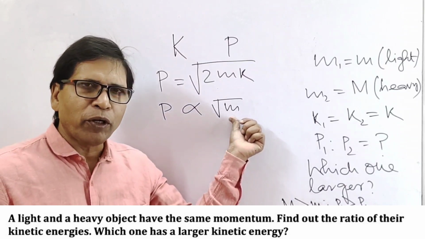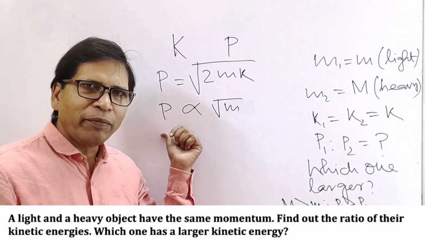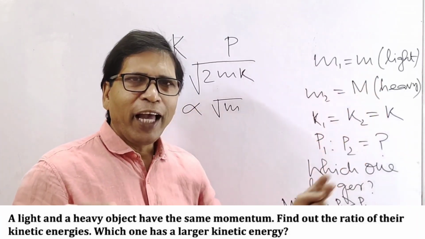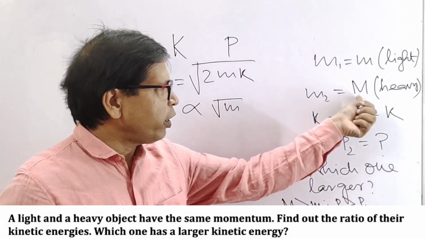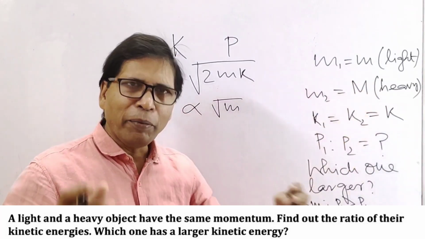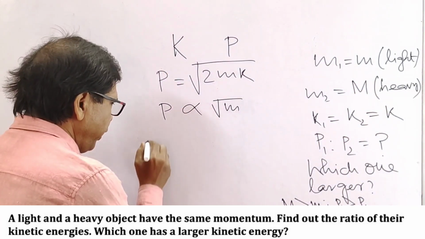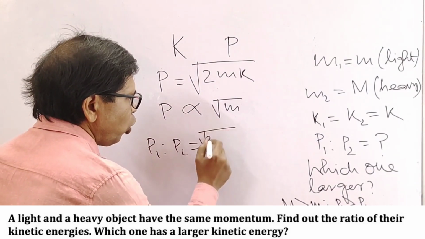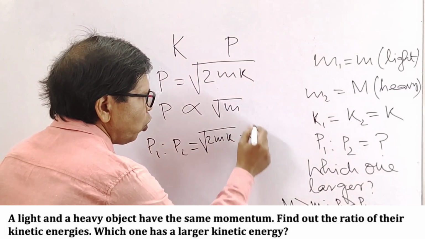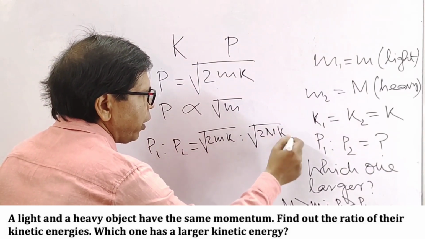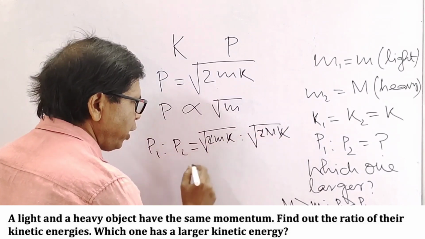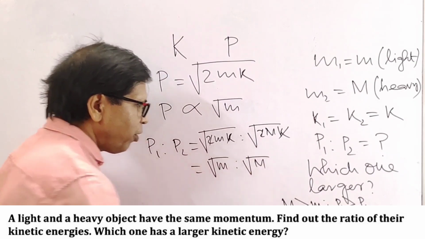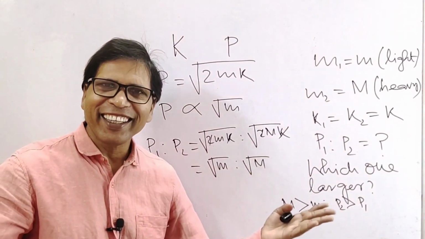Therefore the greater the mass of a body, the greater its momentum. As these two bodies have the same kinetic energy, the body having greater mass has greater momentum. Therefore the ratio of their momentum P1 is to P2 equals root over 2mK is to root over 2 capital M K. Now this cancels out, so this is root over small m is to root over capital M. Okay, understood?